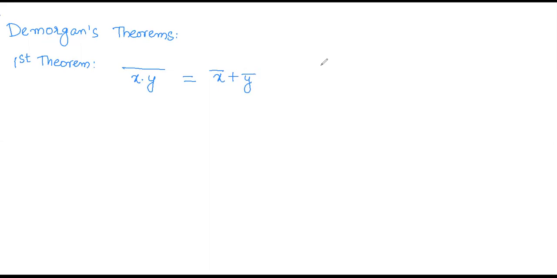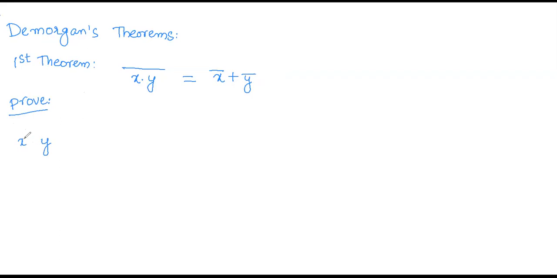Now we are going to prove this one, using a truth table. Take x, y, two variables. A Boolean variable will take either 0 or 1.